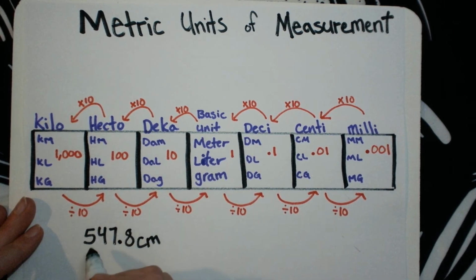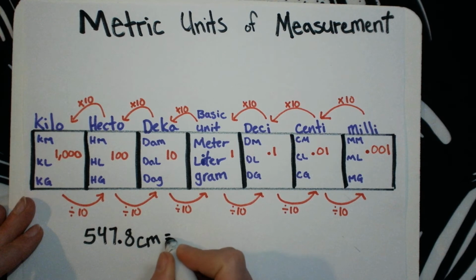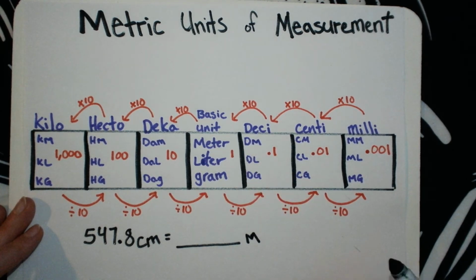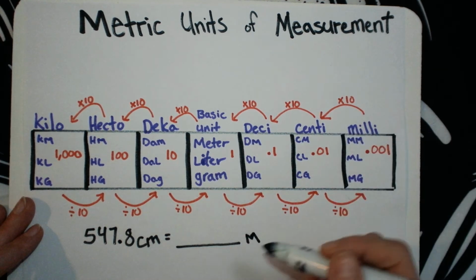Let's say something is 547 and 8/10 of a centimeter long, and we wanted to convert that into meters, just the basic unit. So what we're going to do is we're going to look, and the first thing we need to do is we have to decide, are we going from small to big or big to small? So we're going from cm, centimeter, to meters.